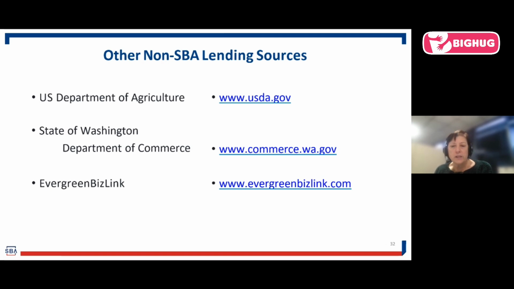And then Evergreen BizLink is an aggregation of really small micro lenders that are not related to SBA, but they are micro lenders in your community. So you might want to check out evergreenbizlink.com to see if you have a micro lender outside of our micro lenders in your community.